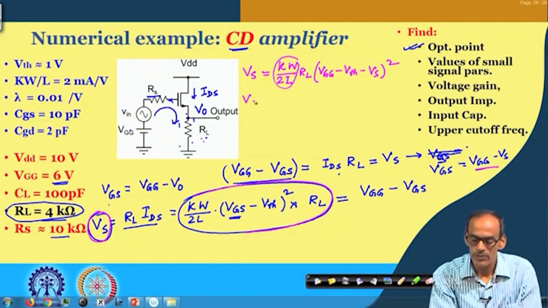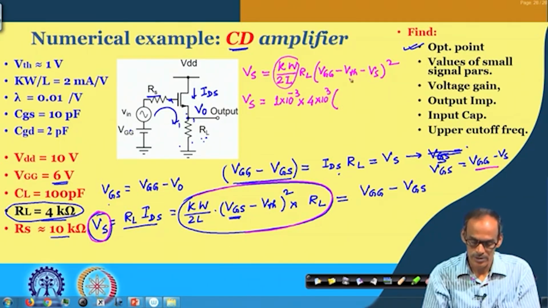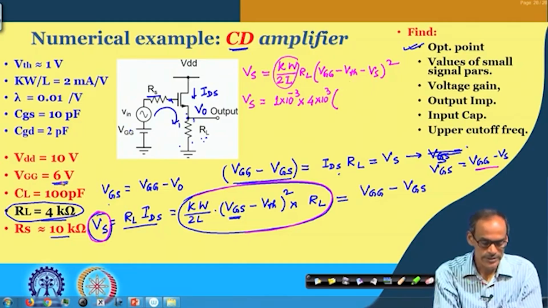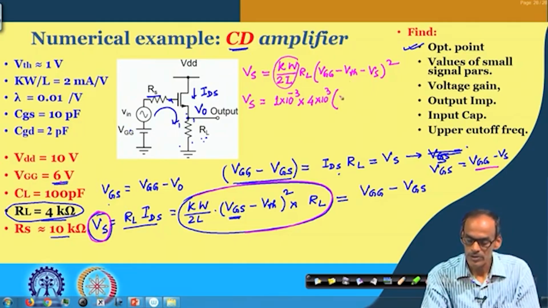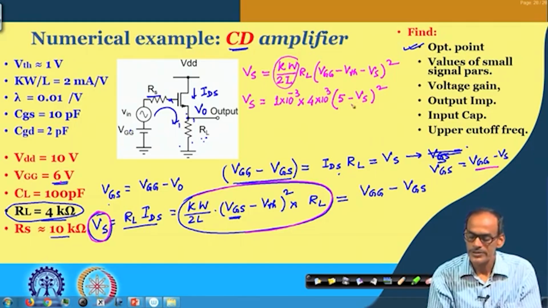So V s equals 1 into 10 to the power minus 3, R L equals 4 into 10 to the power 3, and V g g minus V t h is 6 minus 1, that is 5, minus V s square, or V s minus 5 square.